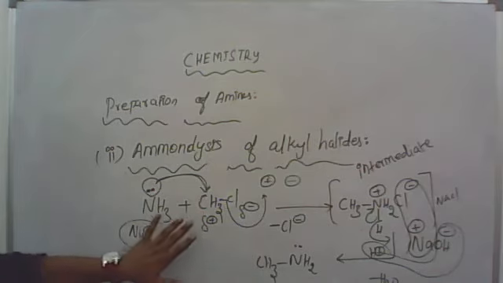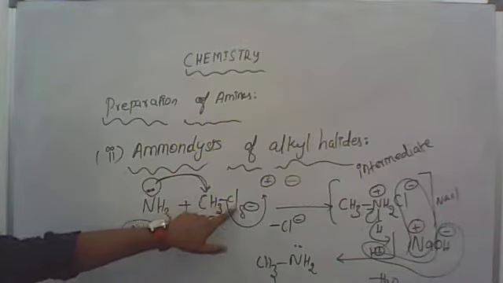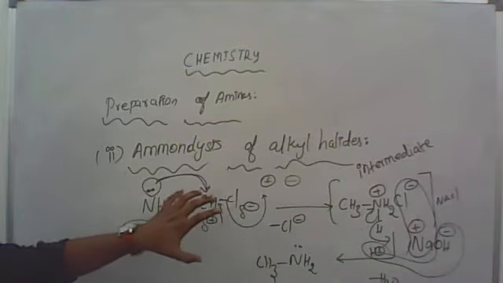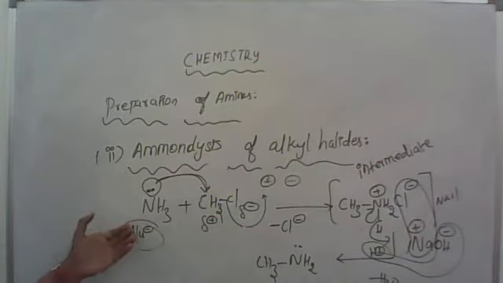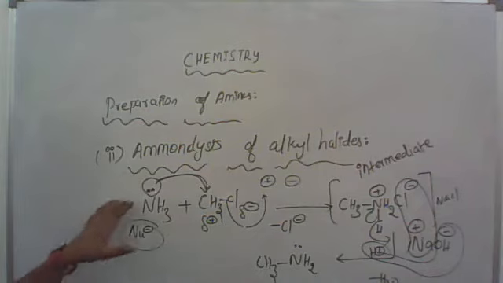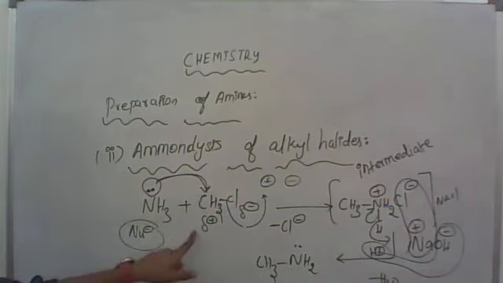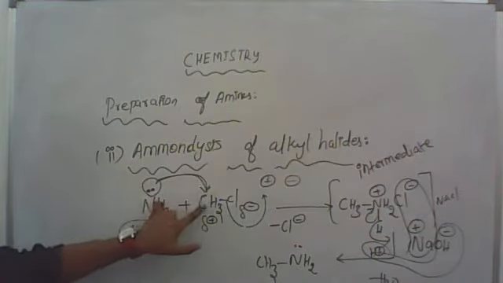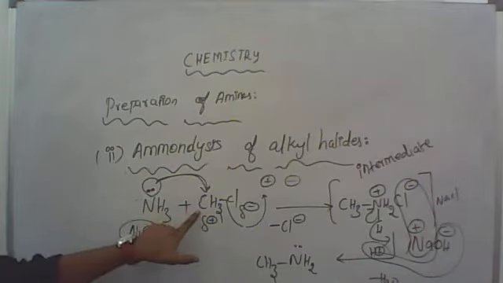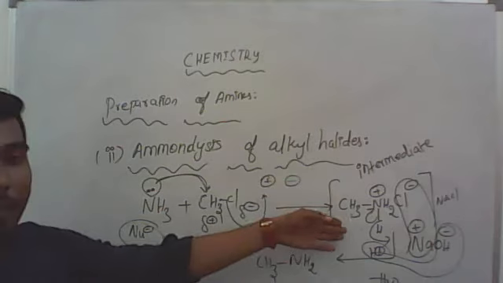In the alkyl halide, carbon is an electron deficient species, because chlorine is more electronegative and takes the electron from carbon, so carbon becomes partial positive and chlorine partial negative. Ammonia is a nucleophile, and it donates its electron pair to the deficient carbon. A new bond is created between nitrogen and carbon, and the Cl leaves. We get an intermediate like this.